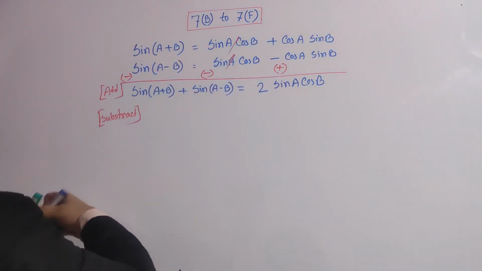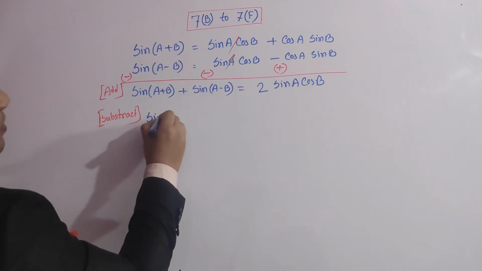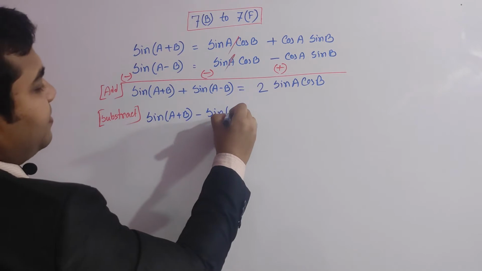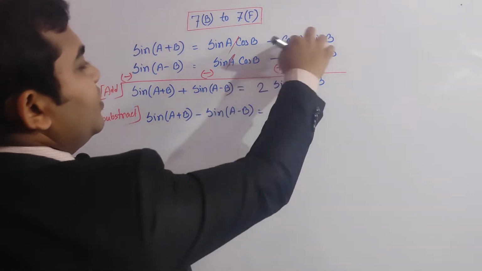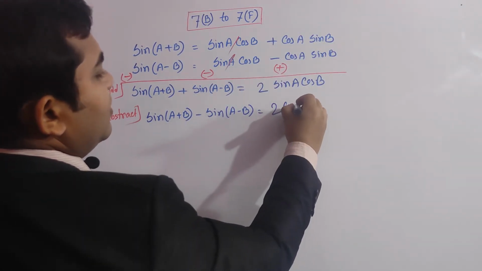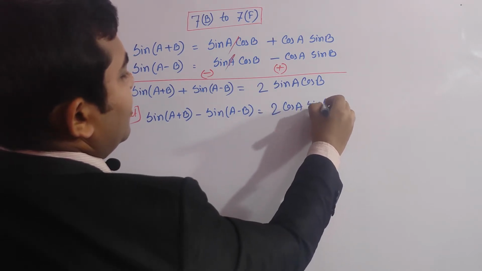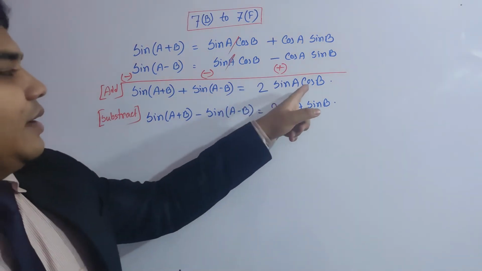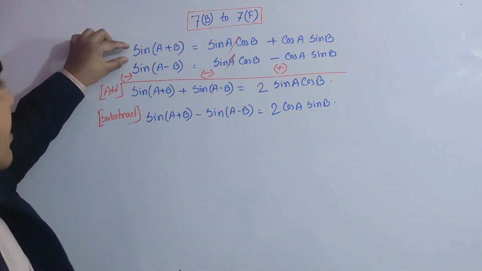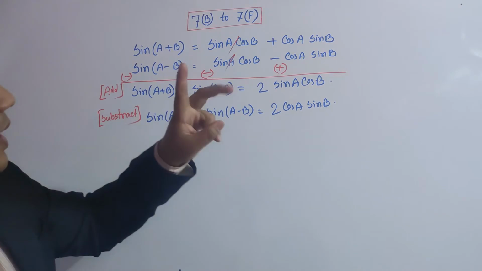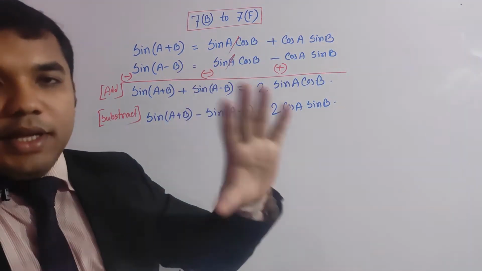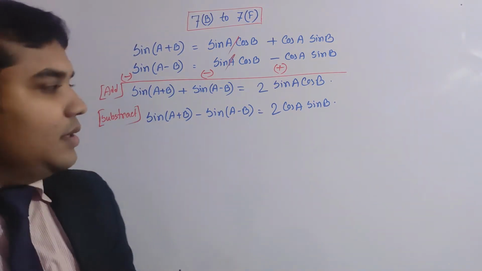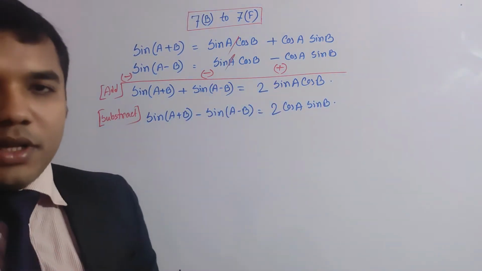So we'll get sin A plus B minus sin A minus B, that should be 2 cos A sin B. So the formula of 2 sin A cos B is sin A plus B plus sin A minus B, and 2 cos A sin B is sin A plus B minus sin A minus B. So these two are the formulas.